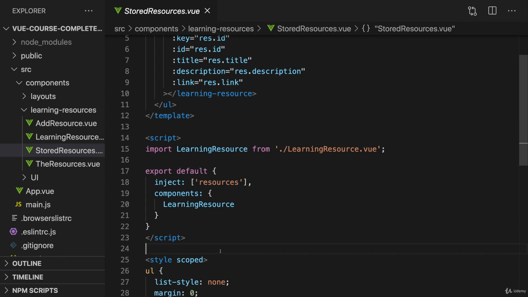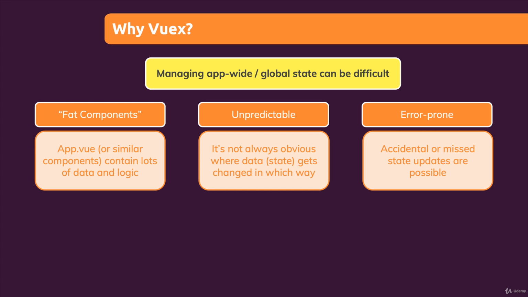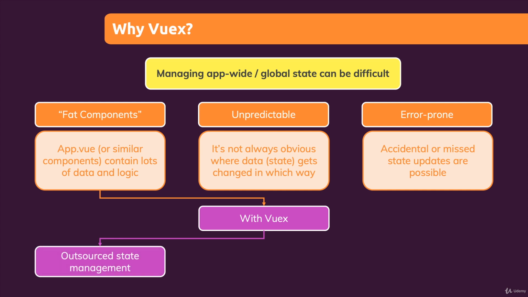You can edit data in places where it shouldn't really be edited. Of course, if you're working on your own, this might not be a problem, but in bigger projects and in bigger teams, it could become a problem. And that's exactly where Vuex helps us, because with Vuex, we outsource the state management. It's no longer in such fat components. Instead, it's in a separate place detached from the components.